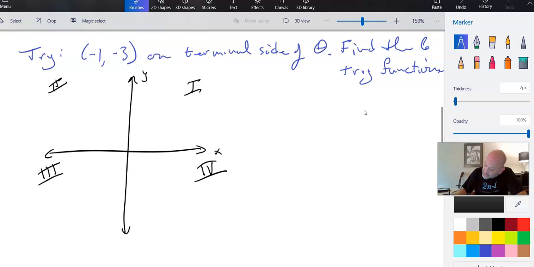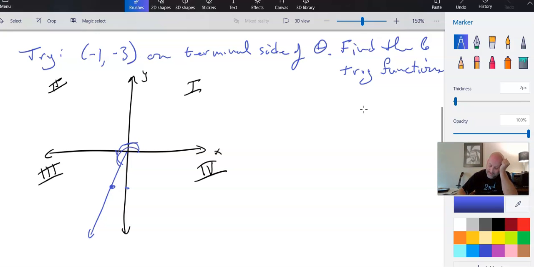Okay, so let's take a look here. We have the point -1, -3. So that puts it, let's say -3 is down here, so that point is down here somewhere. The angle we're talking about is right here.